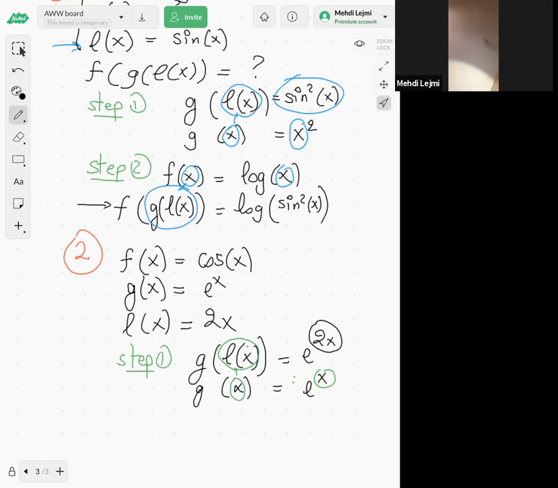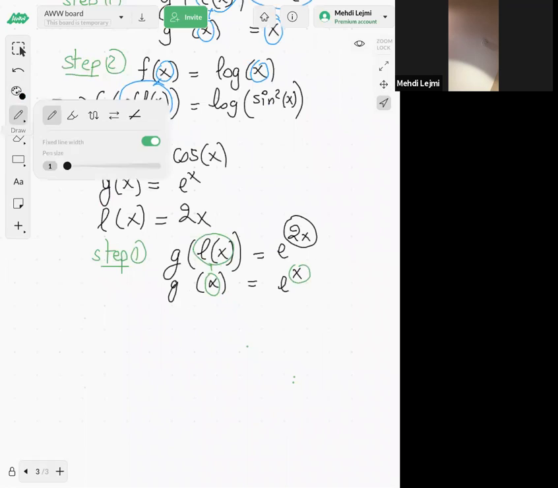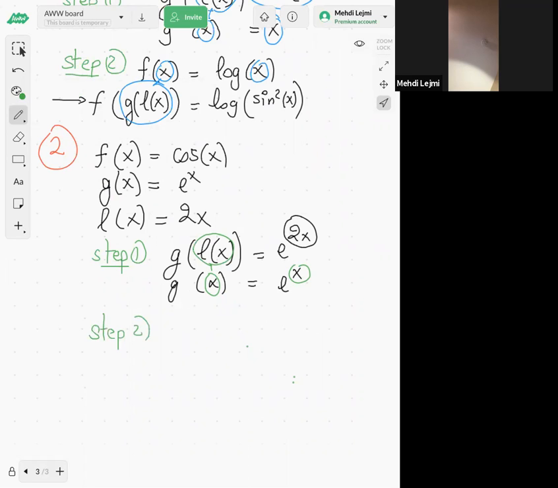And then what will be f of g of L of x? So step two. Well, f of x is just cosine of x, right? That's my f of x.